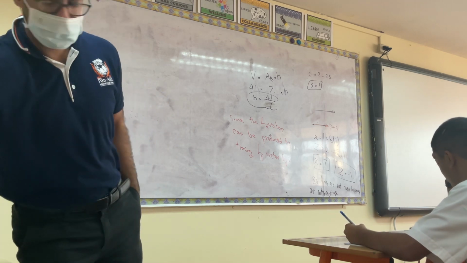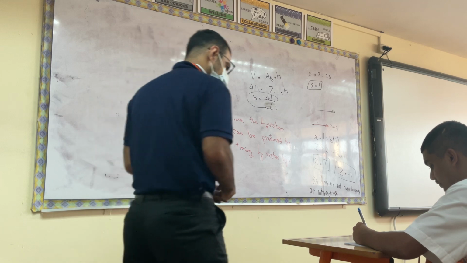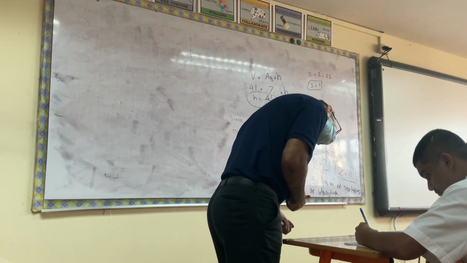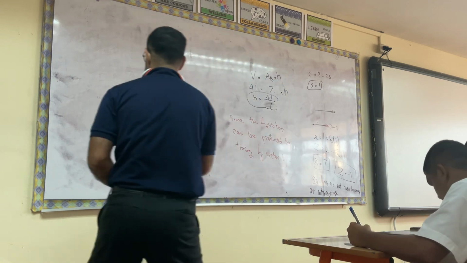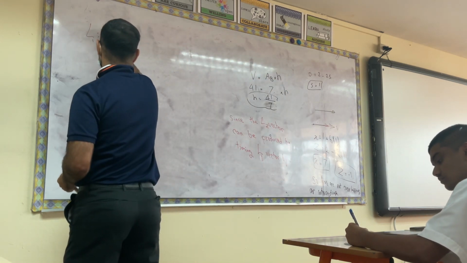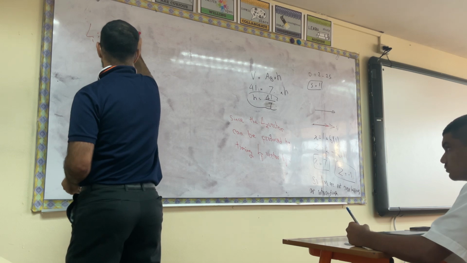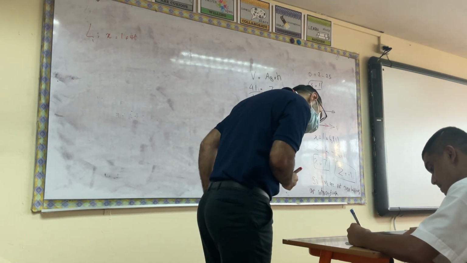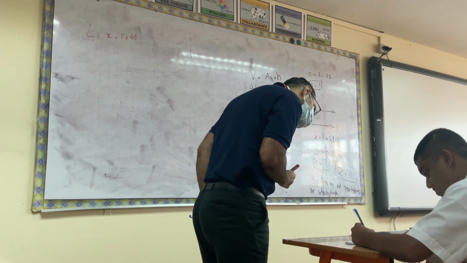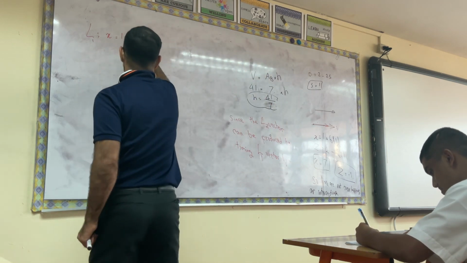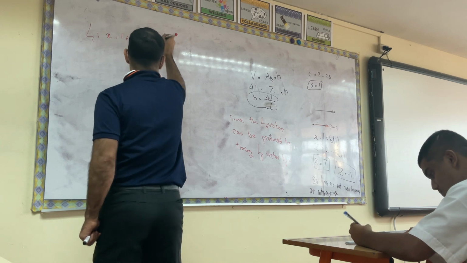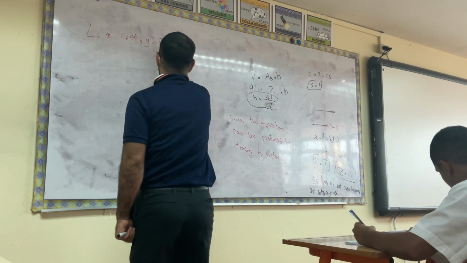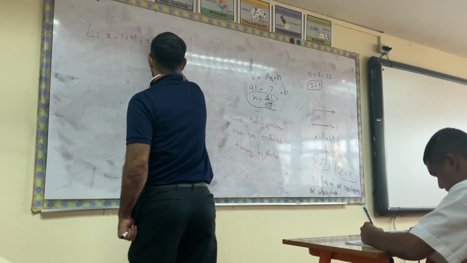Plus t, sorry, it's plus t. Negative 4, 5. Now 2 equals 2 plus 8, negative 3 times 2.